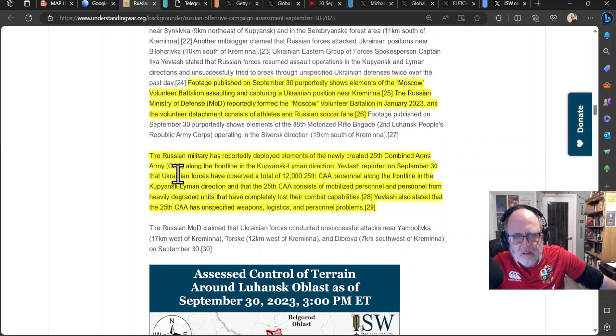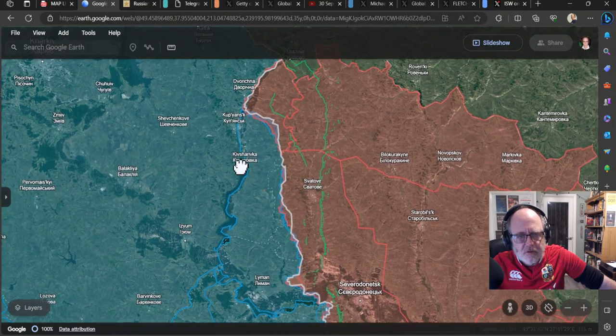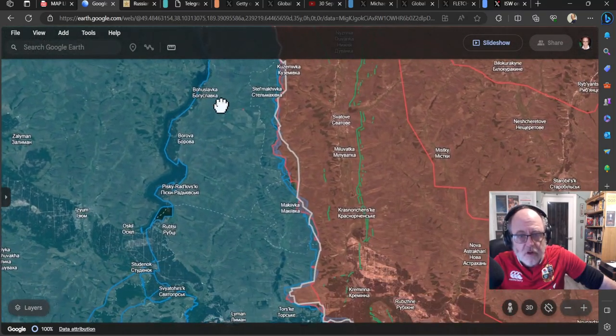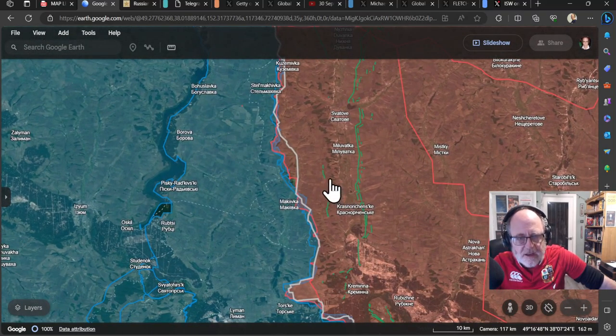Yevlash also stated that the 25th CAA has unspecified weapons, logistics, and personnel problems. So on the one hand, the spokesperson is saying there's a large number of Russian troops around here, but on the other hand, they are poor quality, cobbled together from degraded units, and have unspecified but general problems with logistics, equipment, and so on.